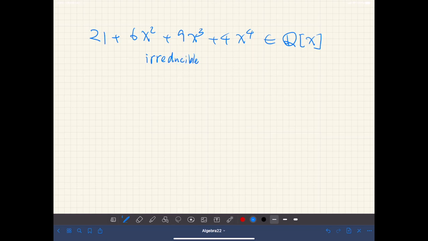If we consider the prime number 3, 3 divides 21, 6, 9, but it does not divide 4. And p squared is 9. 9 does not divide 21, so the Eisenstein criterion is satisfied. Therefore, this polynomial is irreducible.